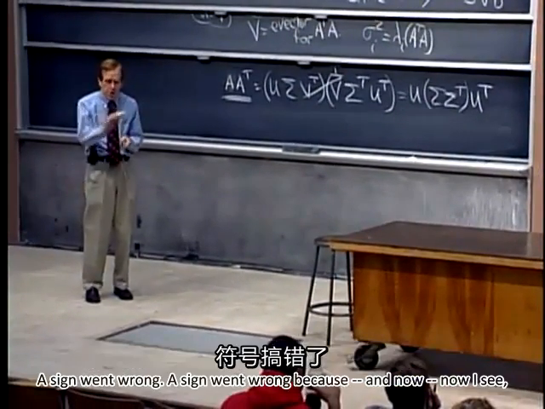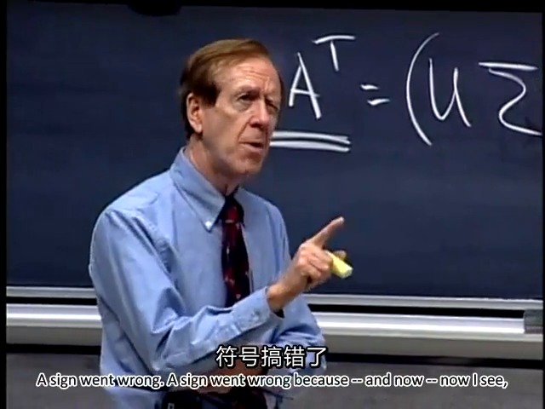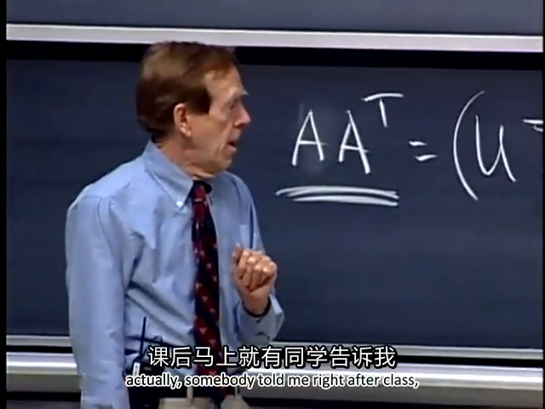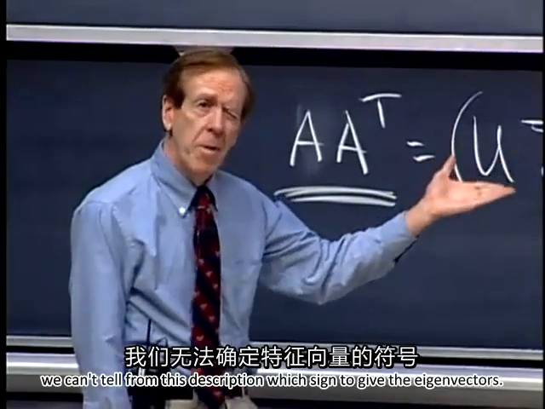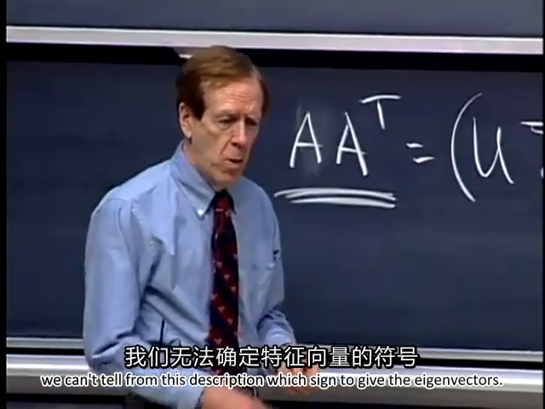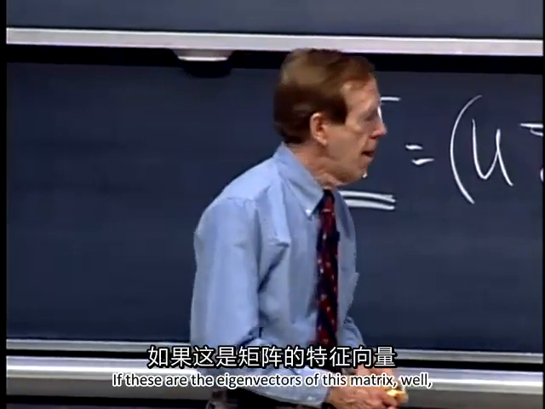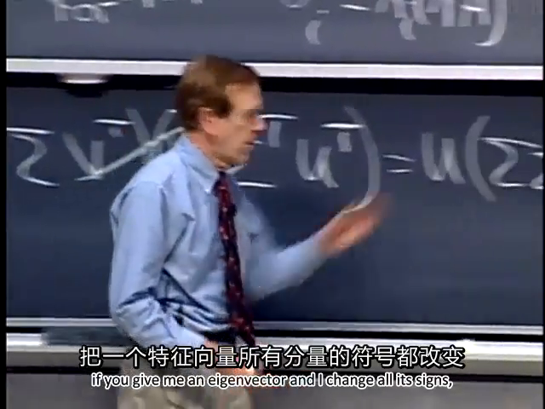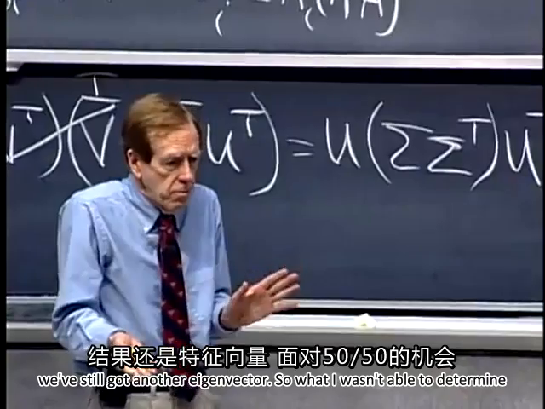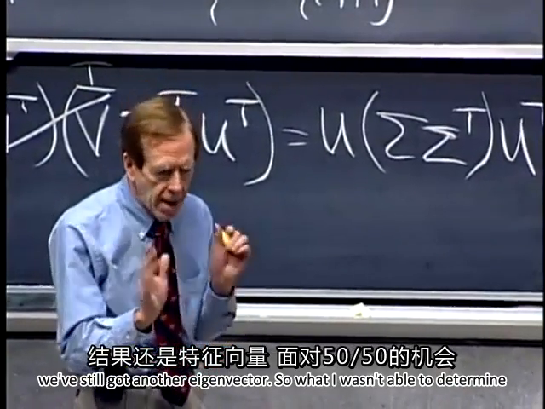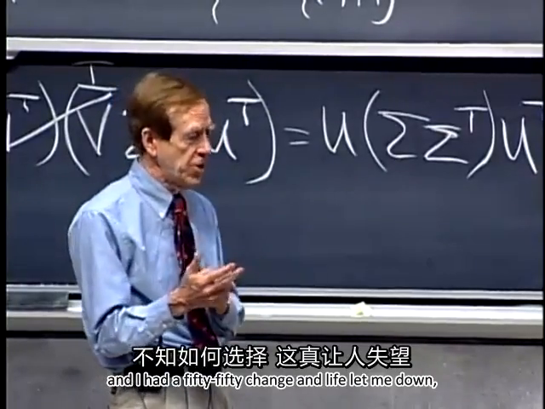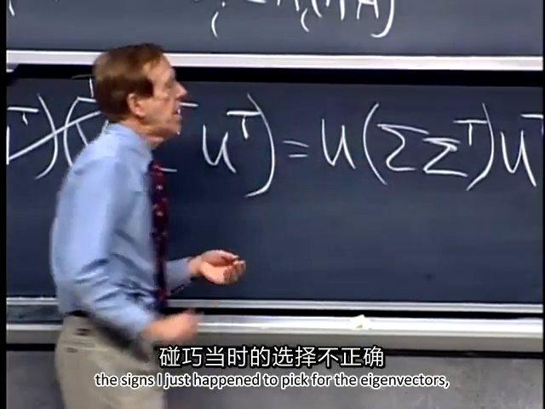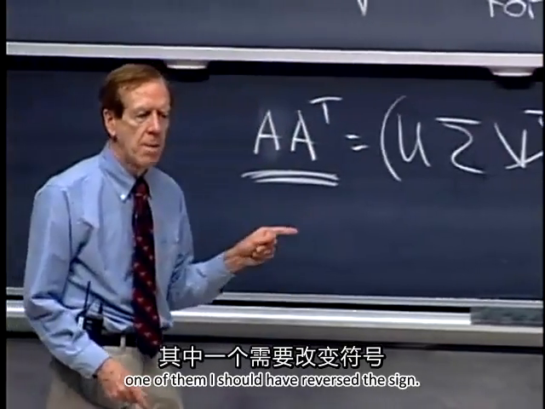Where did something go wrong? A sign went wrong. Somebody told me right after class, we can't tell from this description which sign to give the eigenvectors. If you give me an eigenvector and I change all its signs, we've still got another eigenvector. So I had a 50-50 chance, and life let me down. One of the signs I happened to pick for the eigenvectors, I should have reversed.